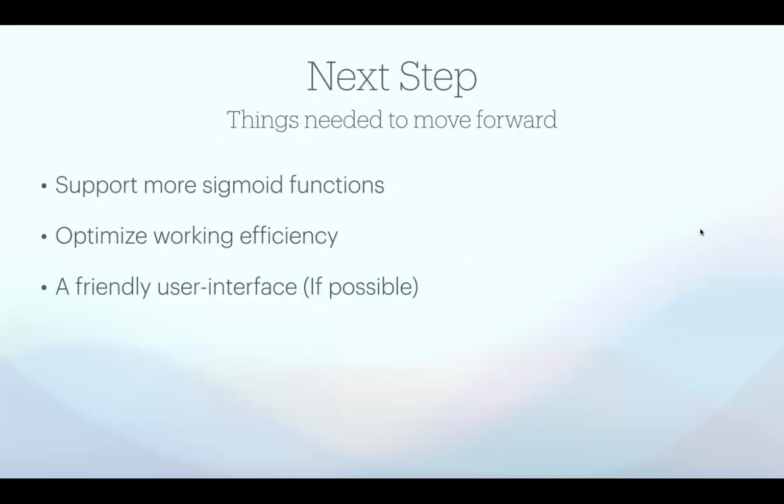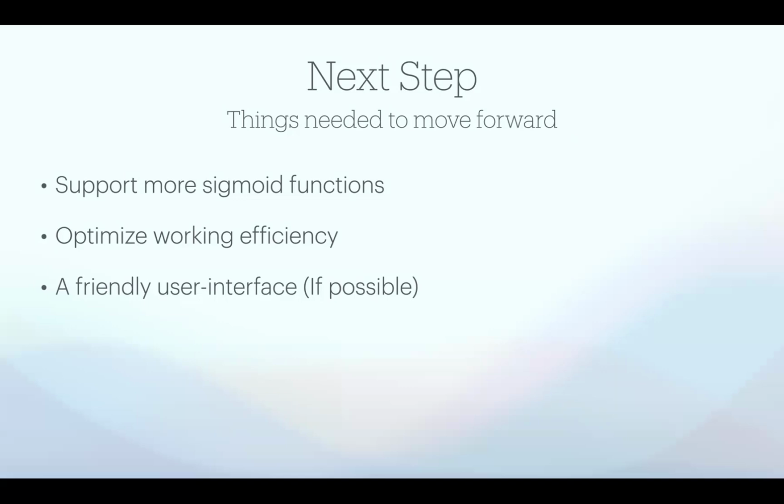So the next step, the things we will move forward with, we're going to support more sigmoid functions. Sigmoid functions are a part of the data processing. If we have more sigmoid functions, that means we can make the API work more efficiently and more precisely. And then we're going to optimize the working efficiency because working efficiency is always what we are focused on.